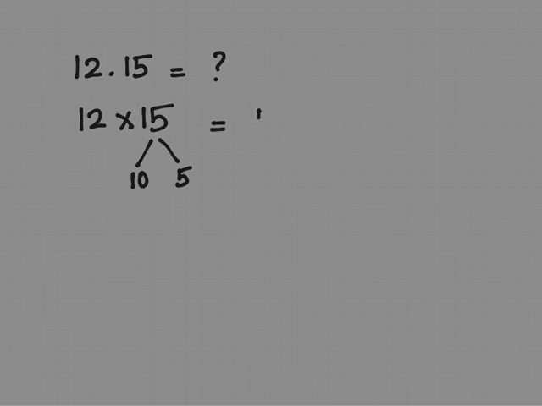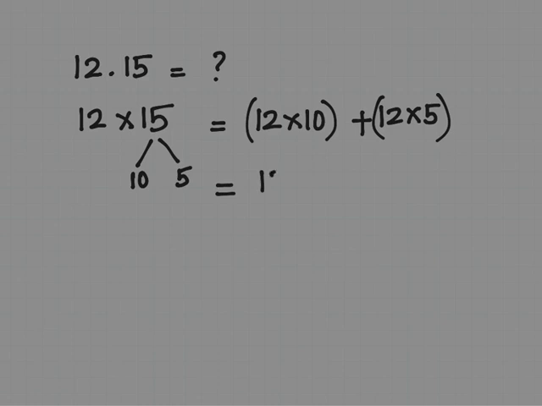So which will become 12 times 10 plus 12 times 5. 12 times 10 is 120 plus 12 times 5 is 60. The answer is 180.